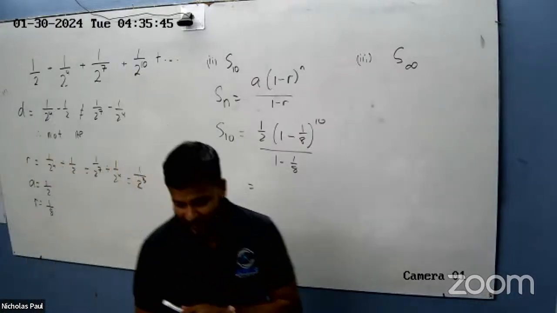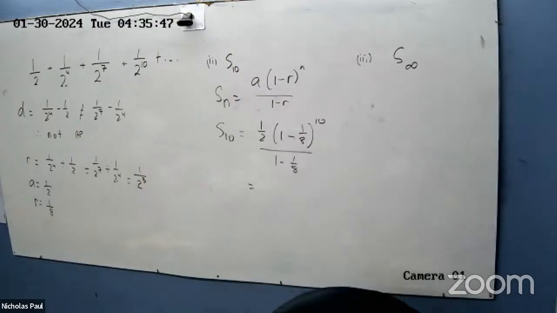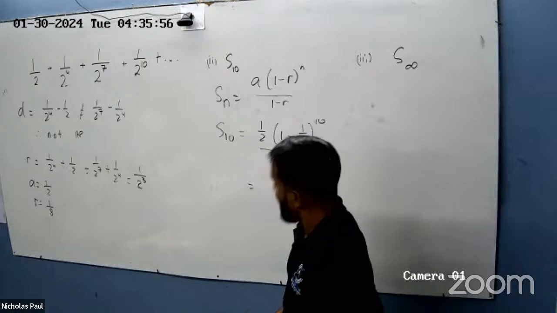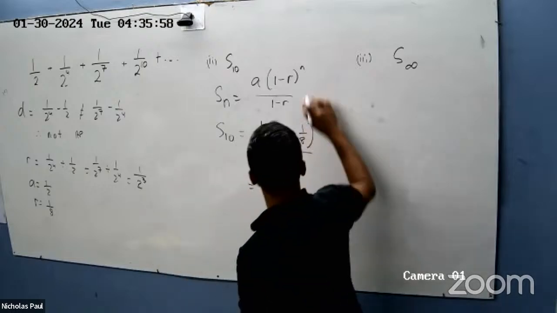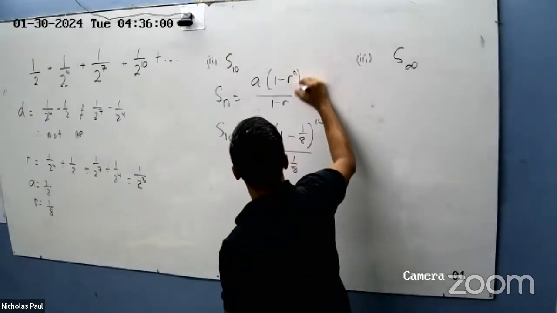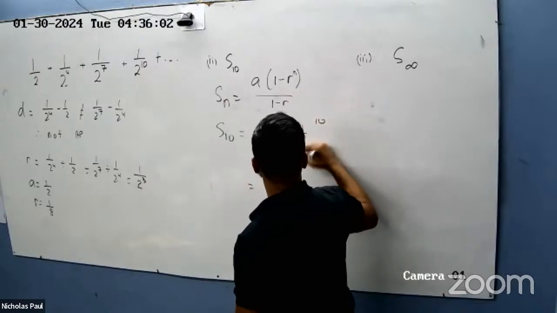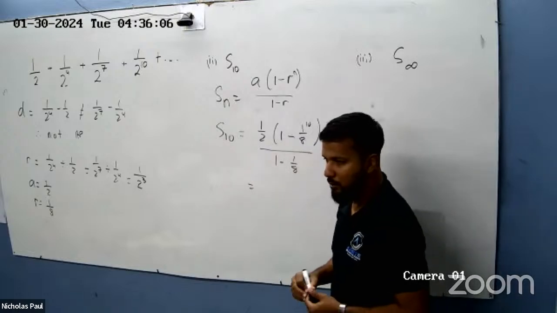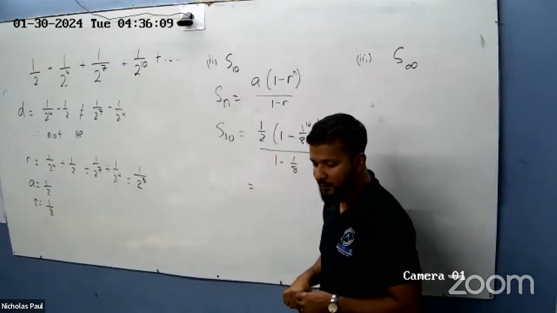Put it exactly like this into the Casio. Oh, sorry, I put the N in the wrong place. Correct.